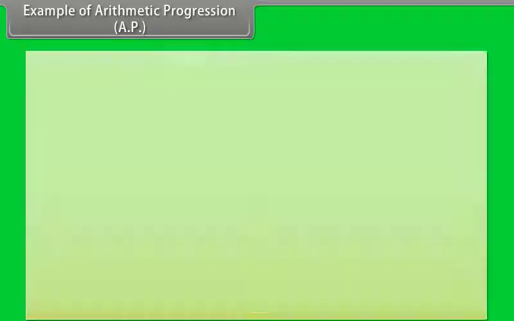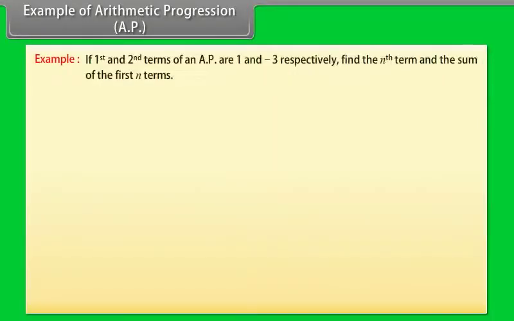Example of arithmetic progression AP. Example: if the first and second terms of an AP are 1 and minus 3 respectively, find the nth term and the sum of the first n terms. Solution: let the first term be A and the second term be A plus D, where A is equal to 1 and A plus D is equal to minus 3.